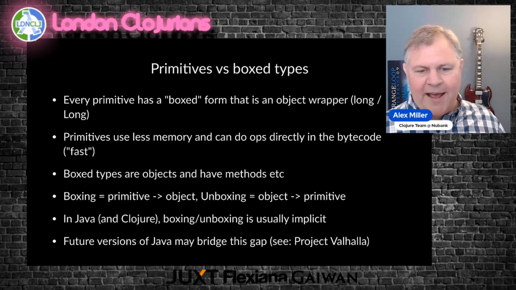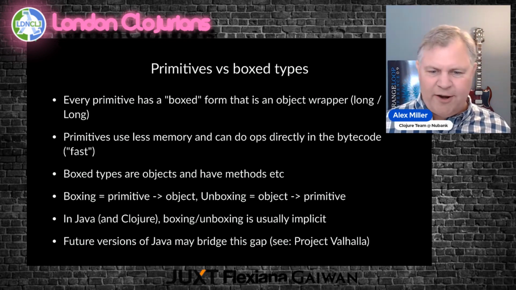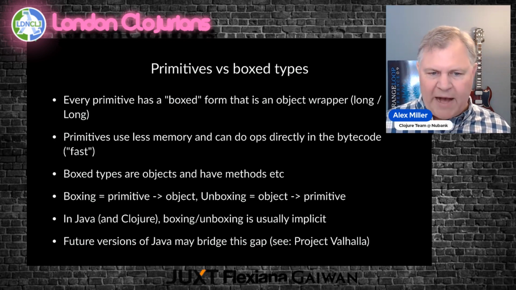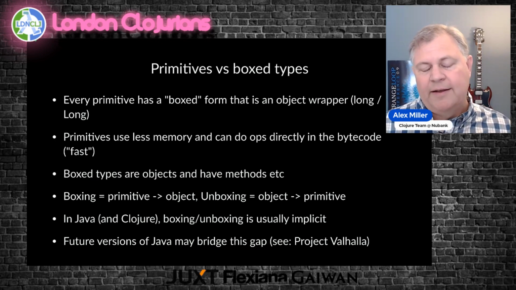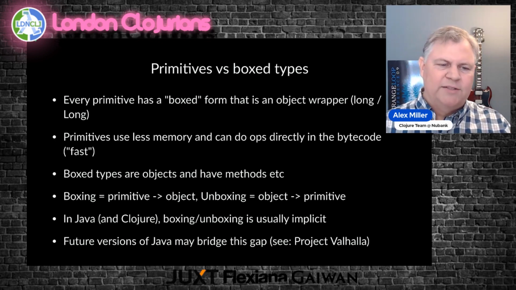But objects can have code attached to them. So that's the trade-off: you get this object programming model with the boxed form of the primitive, and you get better memory and speed in the unboxed form.